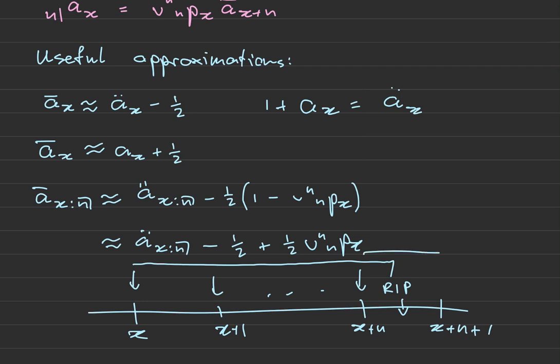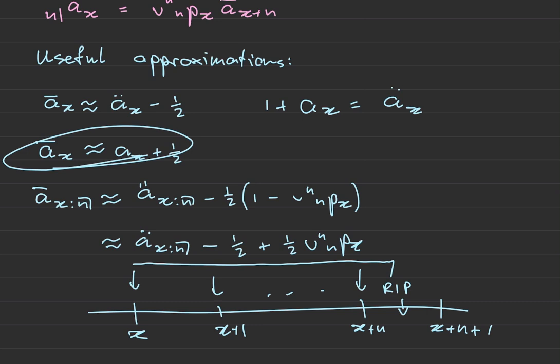So instead of accounting for this whole time period, I must only account for half of it. Instead of having this A double-dot X where I'm accounting for all n plus 1 payments, this is my n plus 1th payment, I must now subtract that half a payment away. So I subtract half. Okay, that's the understanding of that one.